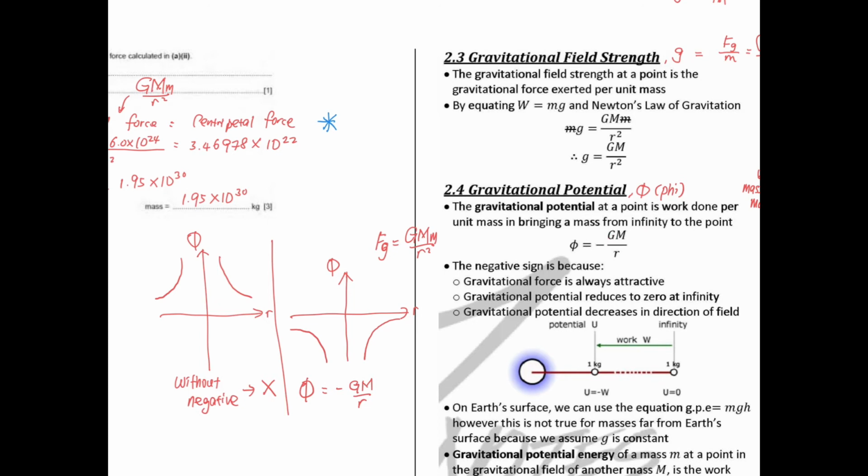If your formula has no negative, it will increase. It will increase when you bring a unit mass from a far place nearer and nearer to the earth. Without negative, it increases. We don't want it to increase, we want it to decrease. So the only way to make it decrease is with a negative.